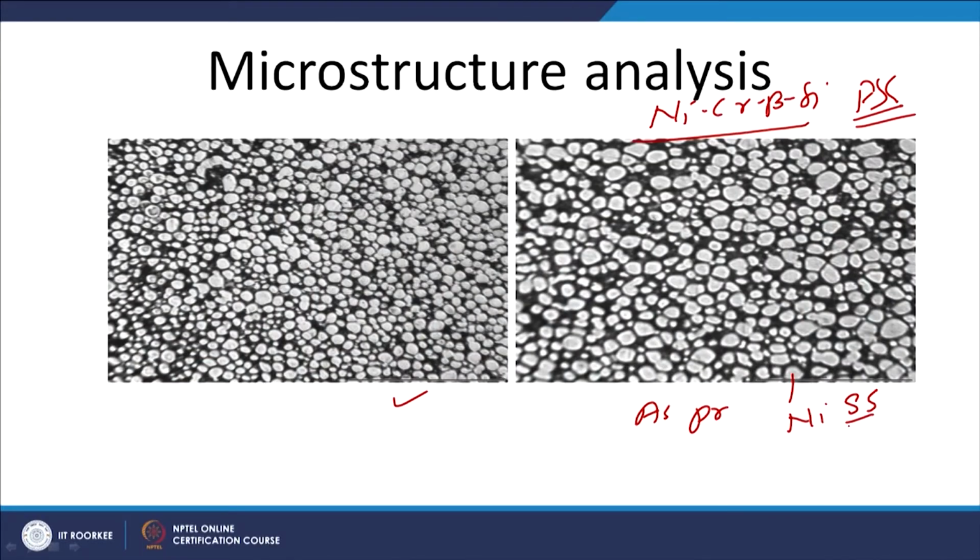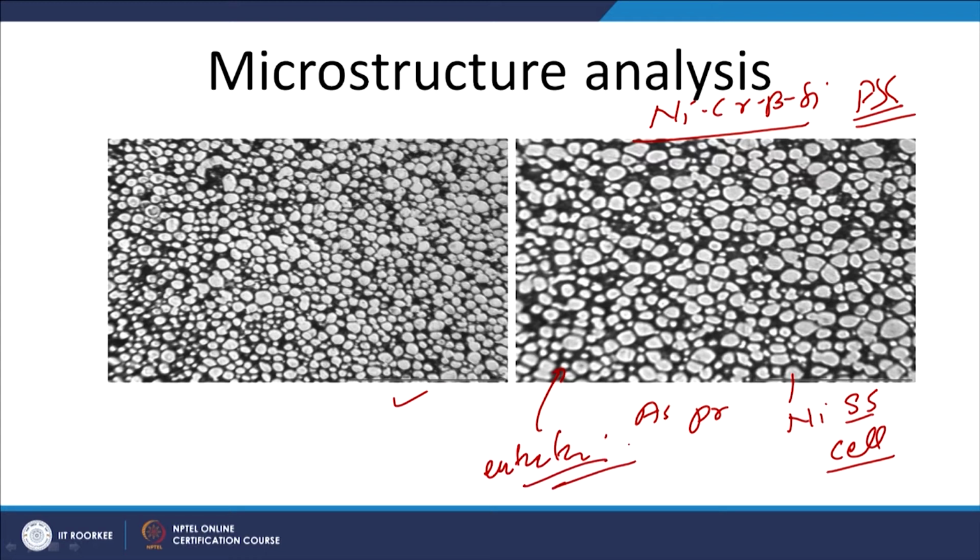Similarly, if we see these two different micrographs of the same coating, what it shows is, in the as-sprayed condition, this is the nickel, chromium, boron, silicon flame spray coating developed by flame spraying. Optical microscopy of this coating primarily shows the nickel solid solution cells, and in between, the black one is showing the eutectic matrix.